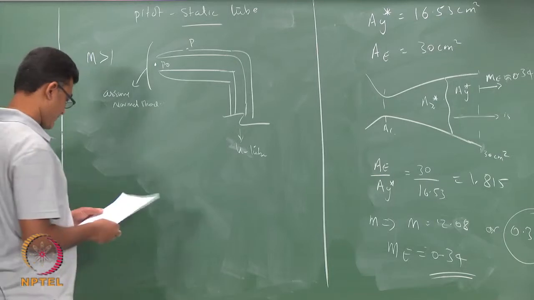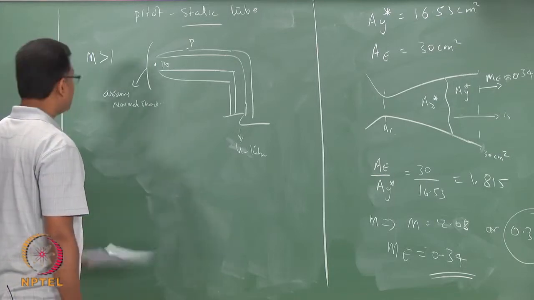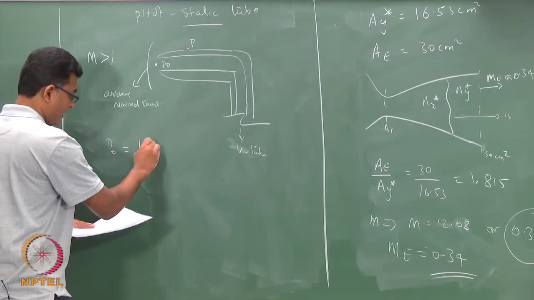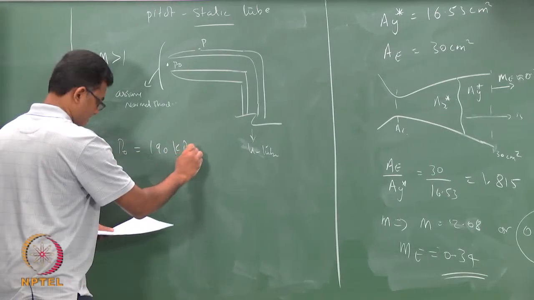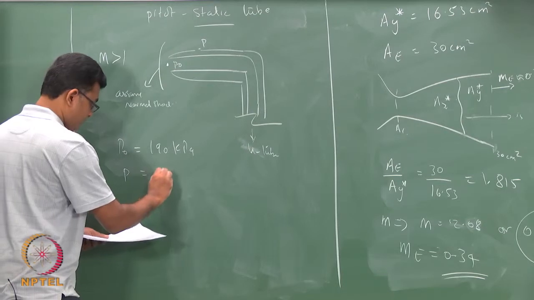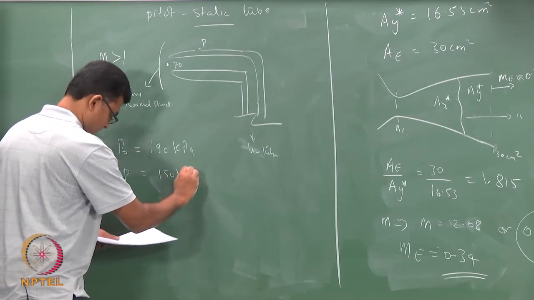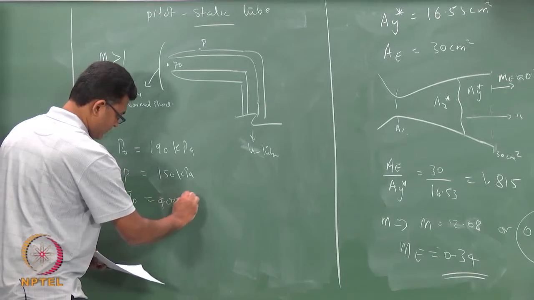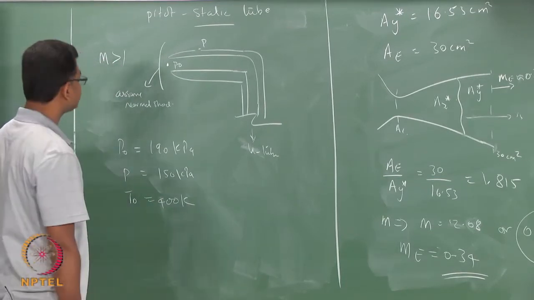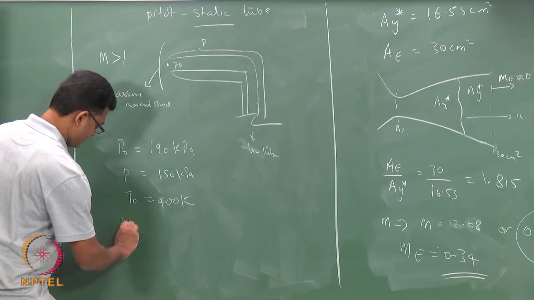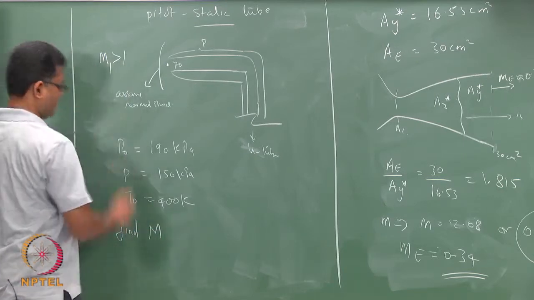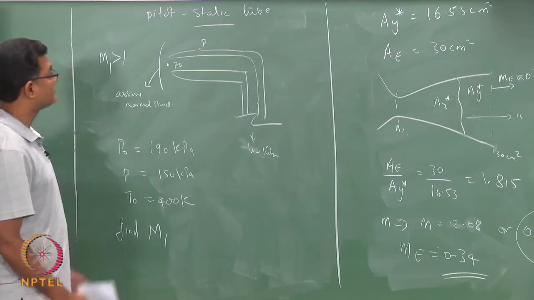So what is measured here is P0 is 190 kilopascal, P static is 150 kilopascal, and T0 is 400 Kelvin. Find the Mach number, so let us say find M1.